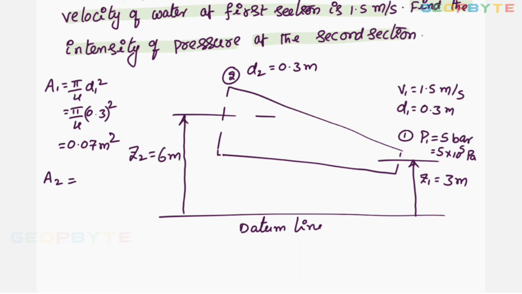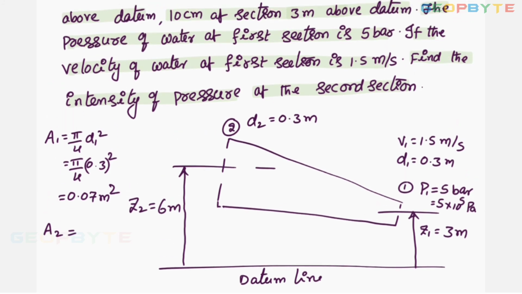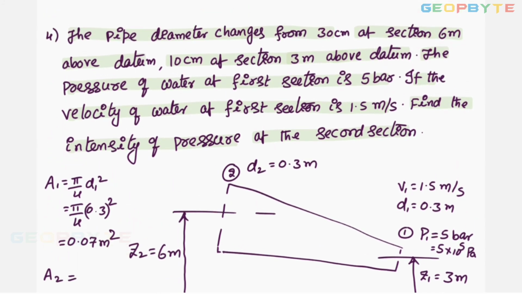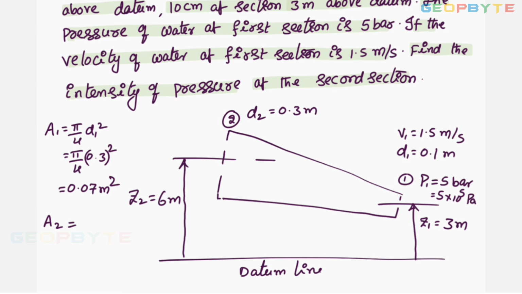Similarly, A2 equal to pi by 4 into D2 square. Sorry, here D1 is 0.1 meter, 0.1 whole square.